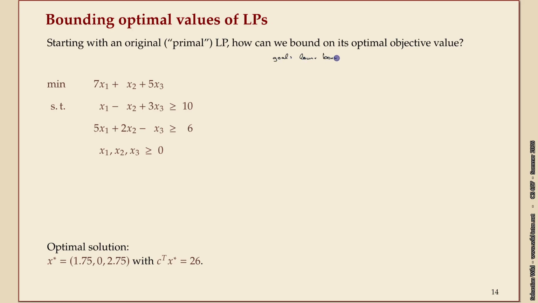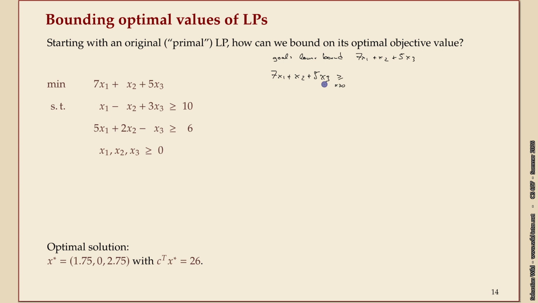So we want a lower bound for 7x1 plus x2 plus 5x3, but of course subject to the constraints. Otherwise, it wouldn't be a solution. One option is to take this objective function, and because the x's are non-negative, we can make some of the coefficients smaller.